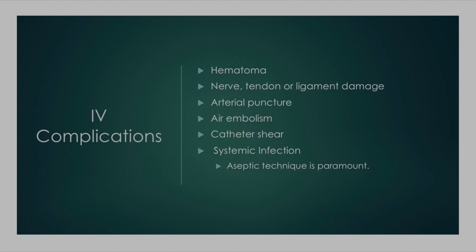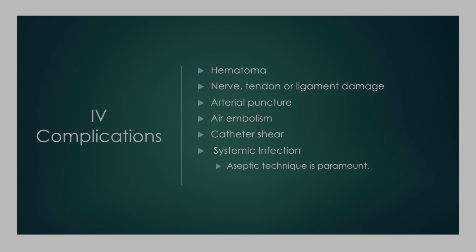Nerve, tendon, or ligament injury is minimized by avoiding sites near joints. If the patient experiences sudden, severe shooting pain, tingling, numbness, or loss of movement, stop immediately and select a different site. An arterial puncture may be identified by pulsatile flow or bright red blood.